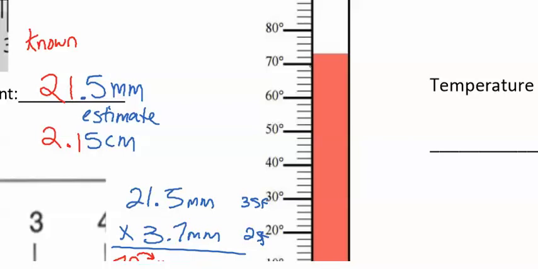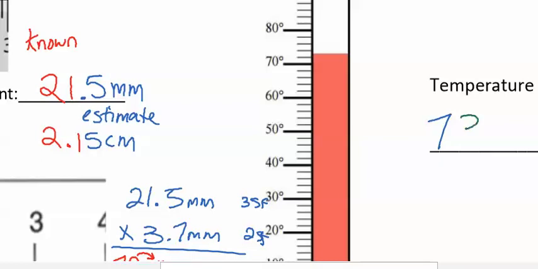If the measuring device doesn't go by 1s, you can't count it as a known digit. So for example, here we are clearly past 70, so the 70 is really our known digit.